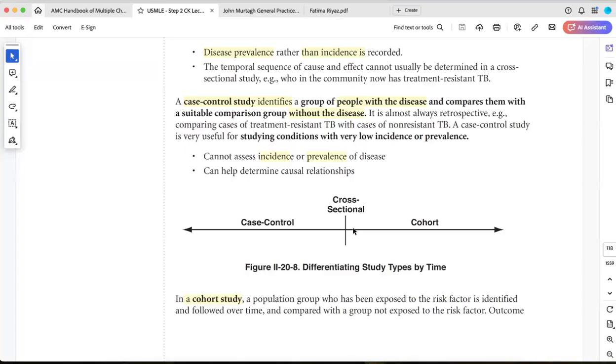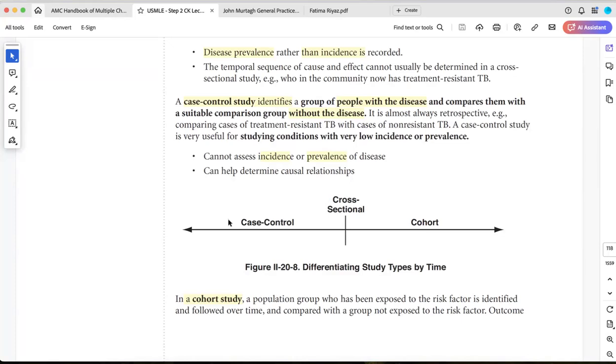Whereas if we are talking about a case control study, we identify a group of people with the disease, and then we identify another group of people without the disease. And then we go back to find out if there is any causal relationship. So what does it really mean?